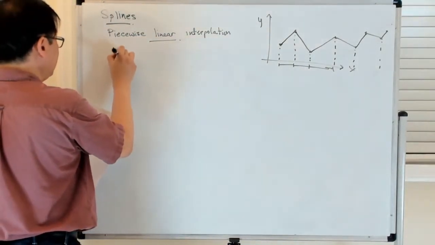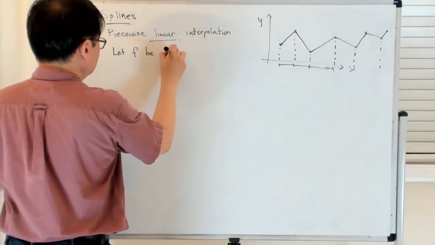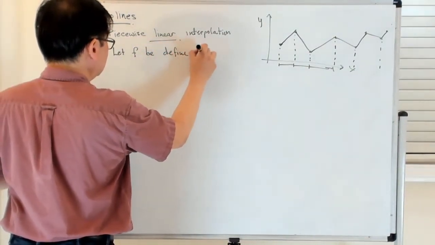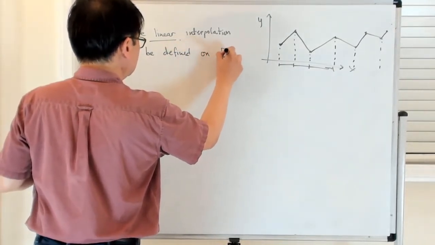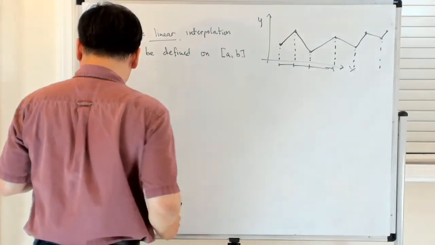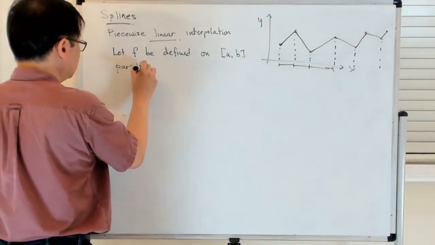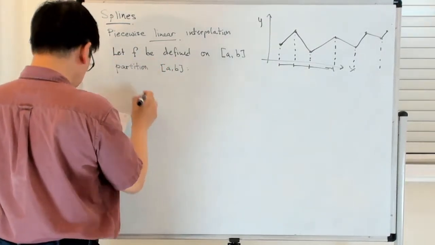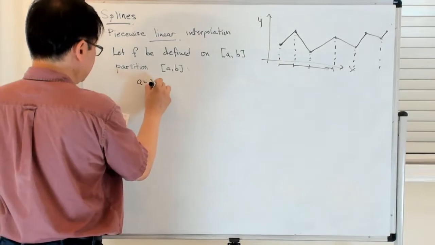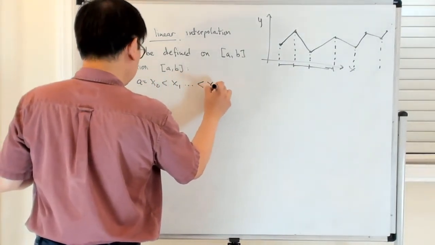So let's say we have f, and it is defined on an interval between a and b. So you can partition this interval: a equals x0 less than x1 all the way up to xn.